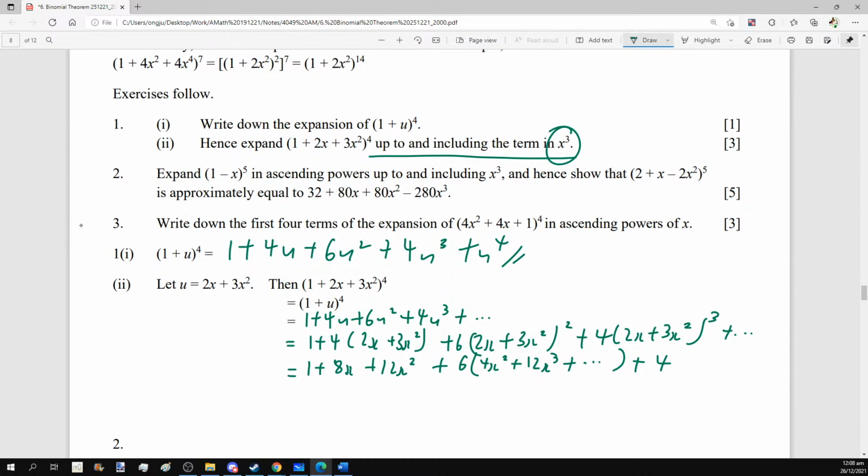The last one is even better because if you look closely, the first object is already going to be x cubed. Everything else will be even bigger, right? x4, x5, x6. So you can simply focus on 2x, the entire thing to the power of 3, and then plus dot dot dot, like so.